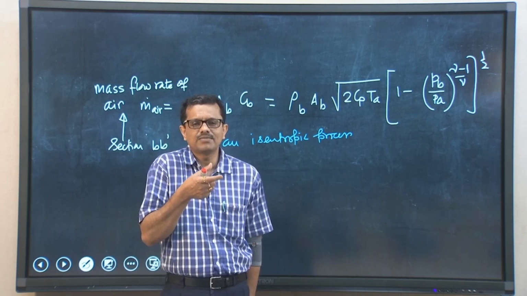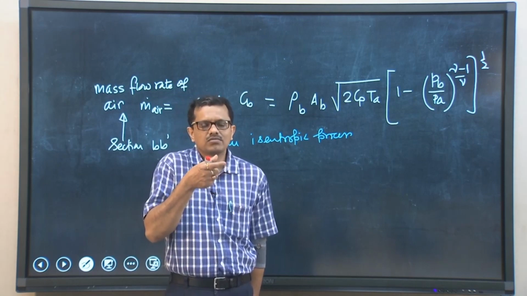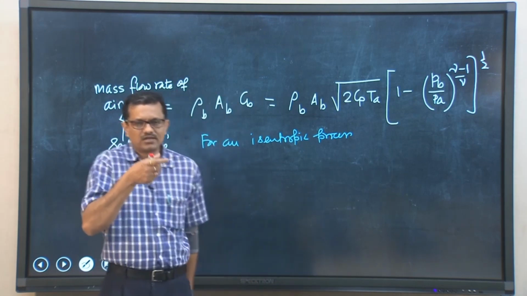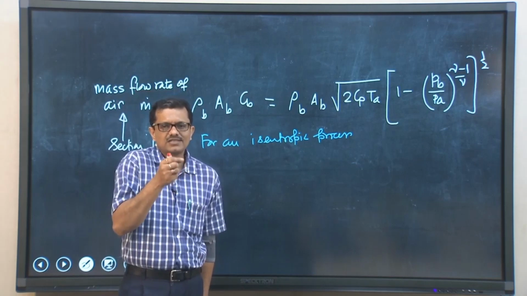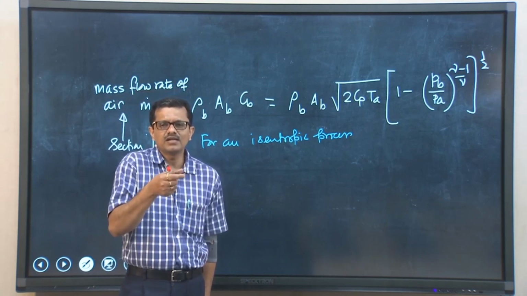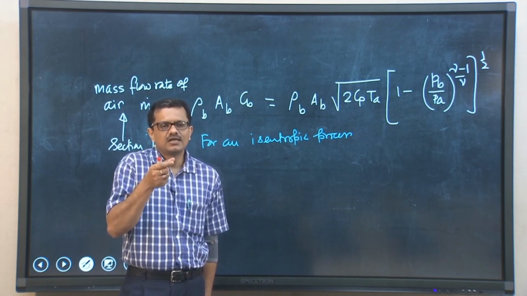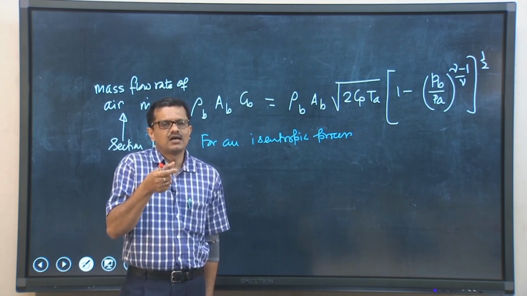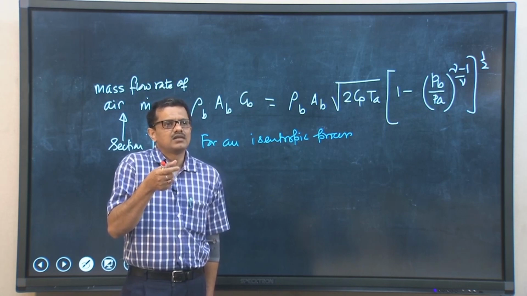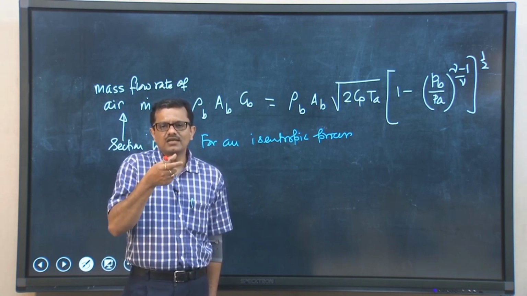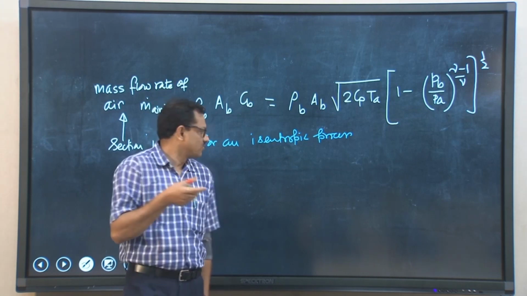So, we are assuming that that particular fluid, a mixture of air and fuel with maximum air and very little fuel, can be considered to be an ideal gas, and we are assuming that the entire process can be modeled by an isentropic process.